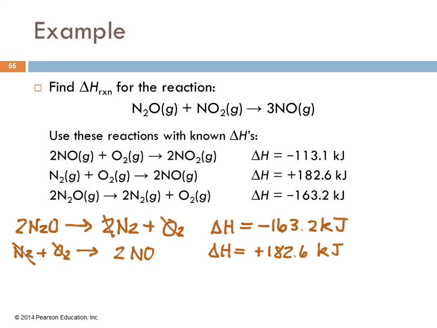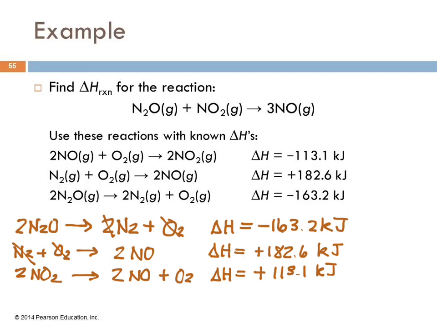So we're going to write 2NO2 makes 2NO plus O2. When I reverse it, I need to change the sign of delta H. So instead of being minus 113, now it's plus 113, because it's going in the opposite direction.